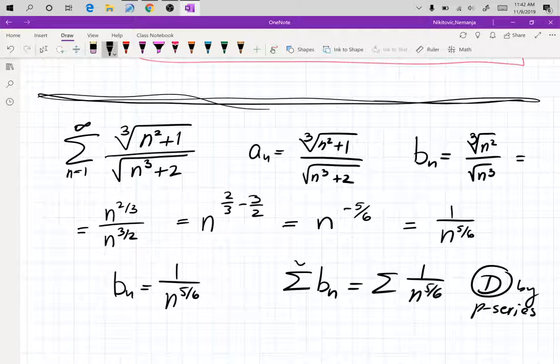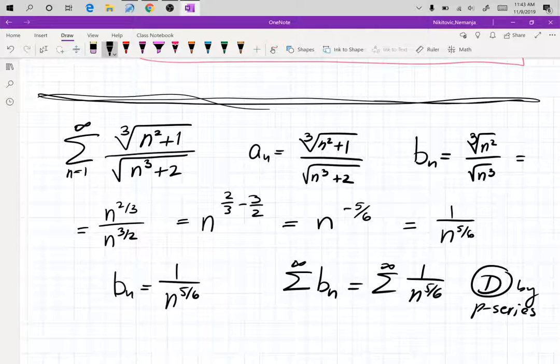If you are still wondering, let's say you missed the last class, P series are on the list, row 4, and it clearly says if power P is 1 or less, it's divergent, and if power P is bigger than 1, it's convergent.